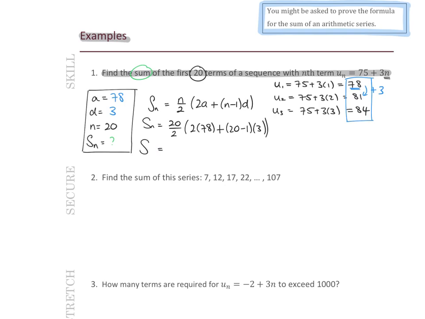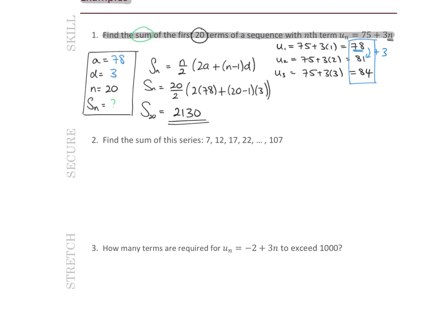And then I can put, and this is actually the sum to 20, I can put that all in my calculator. So literally just copy that exactly as it looks. I try and avoid taking shortcuts if I were you, just in case you muck it up. So the sum of the first 20 terms is this, and that is your answer.